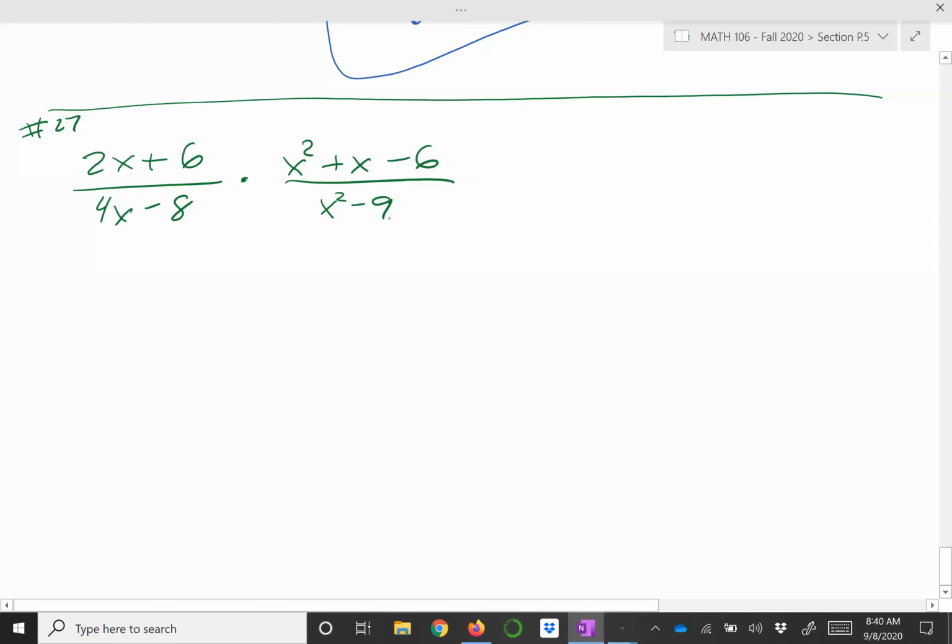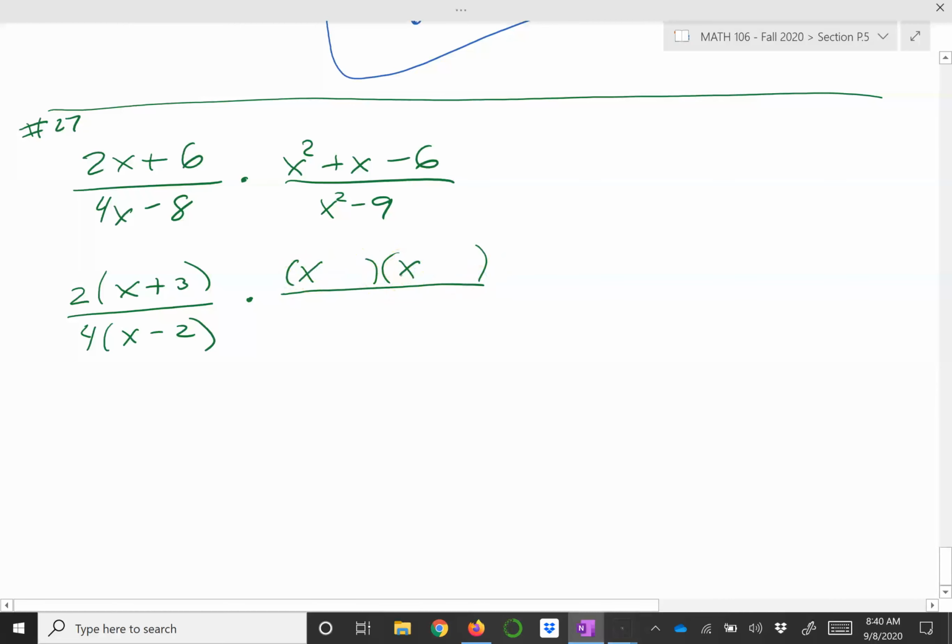Okay, so all of these problems, first step is you got to factor it. So let's quickly factor it. Hopefully we have that step down because we've been factoring quite a while. So I'm going to take out a 2 here and have x plus 3. And then take out a 4 and have x minus 2. And then I'm going to multiply that by the numerator. It's one of those easy reverse FOILs.